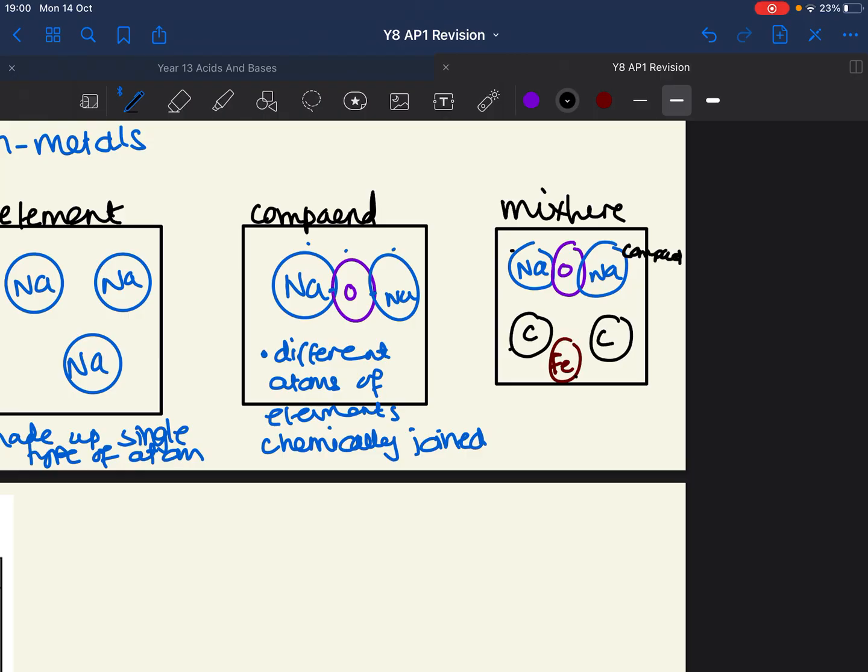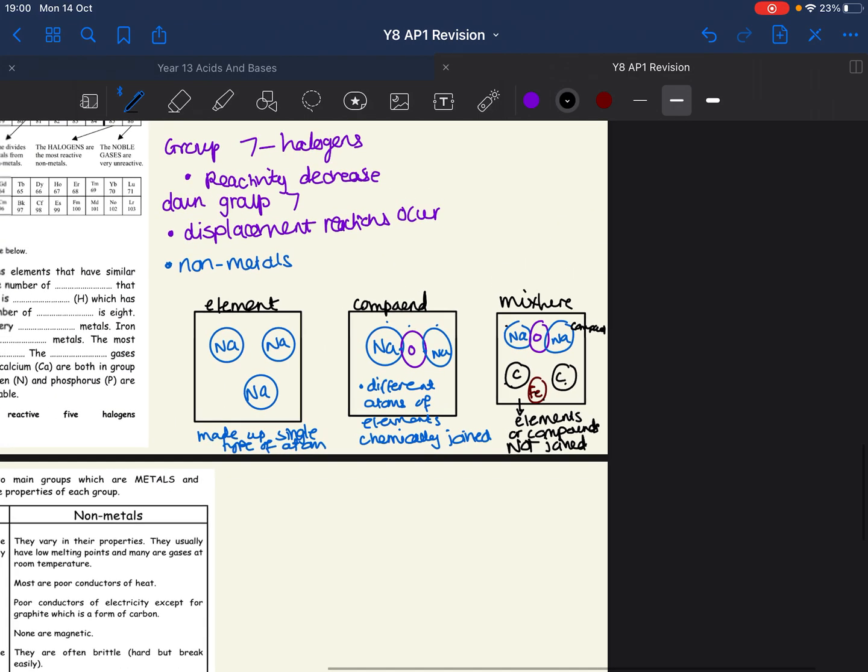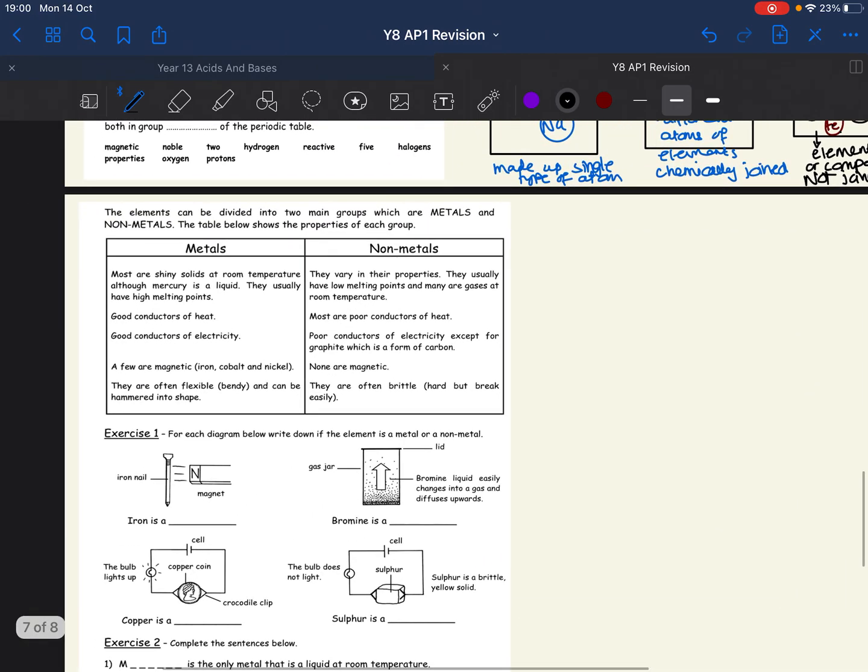Even though this is a compound and these are elements, they are still all not chemically joined together. So the definition of a mixture could be elements or compounds not chemically joined together. So it's different to elements.